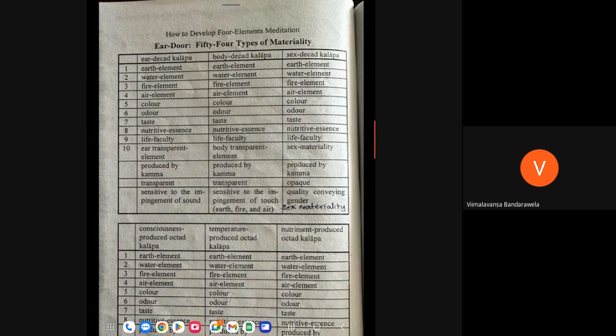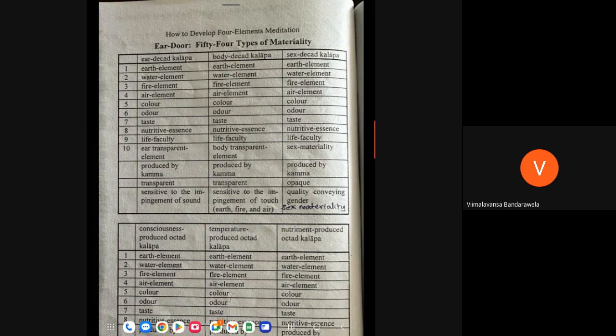And then you have Jivita Navaka Kalapa. Here it doesn't mention it, but keep in mind we also need Jivita Navaka Kalapa in the ear door. And then you have consciousness-produced octet kalapa, chittaja ojatama kalapa, and temperature-produced octet kalapa, utuja ojatama kalapa, and nutriment-produced octet kalapa, aharaja ojatama kalapa.